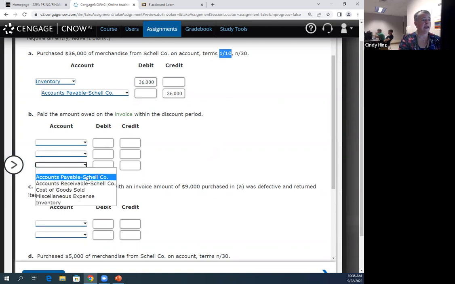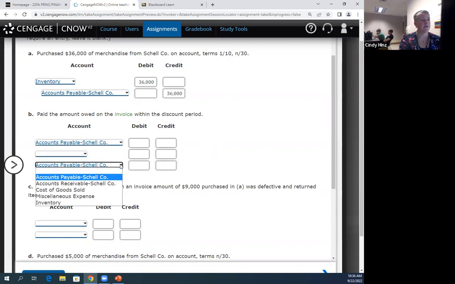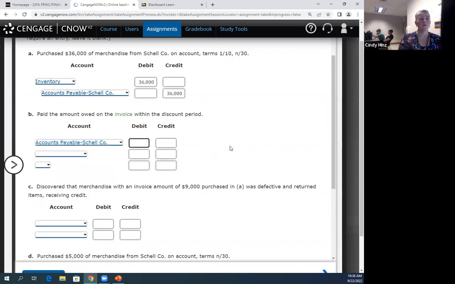So when we pay the invoice, we want to show in our accounts payable records and on the subsidiary ledger for Shell Company that we no longer owe Shell Company. We are paying them what we owe them. So we want to remove the whole $36,000 from accounts payable, but we're not actually going to pay them.